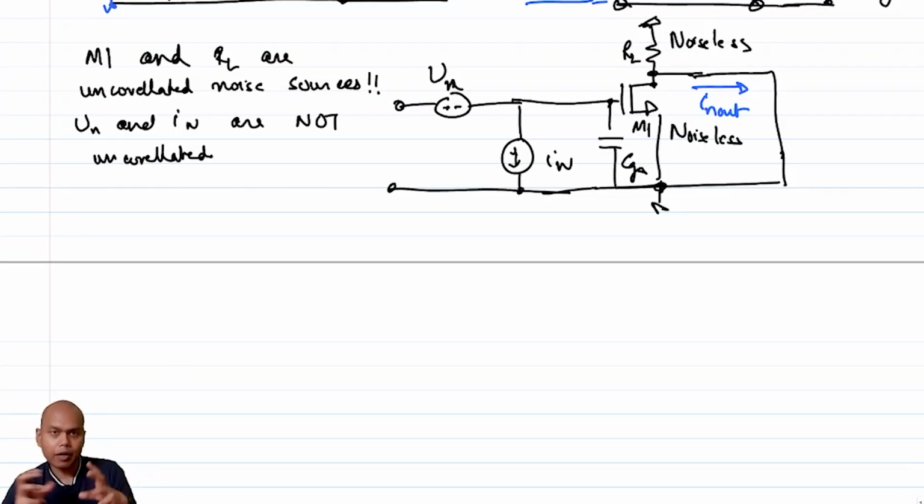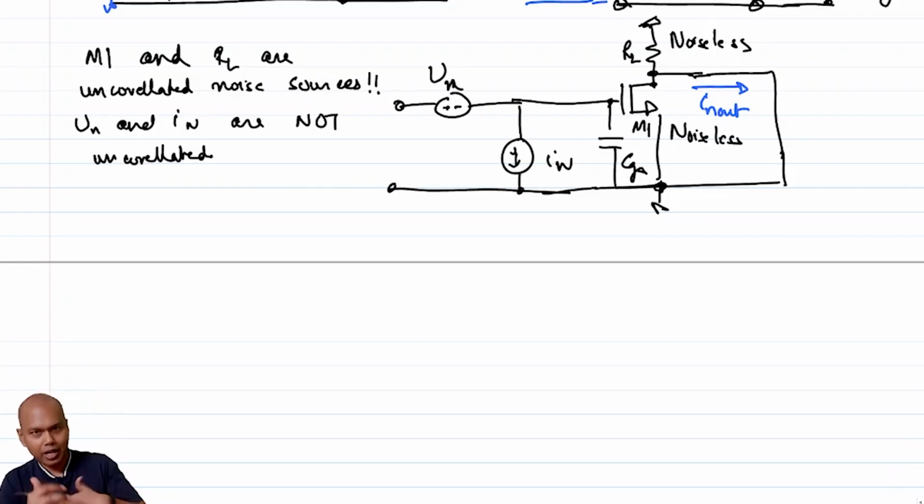So that part of Vn and In which models the noise of M1 will be correlated, and that part of Vn and In which models the noise from RL will be correlated, but these two sets will be uncorrelated. That is something we need to keep in mind.